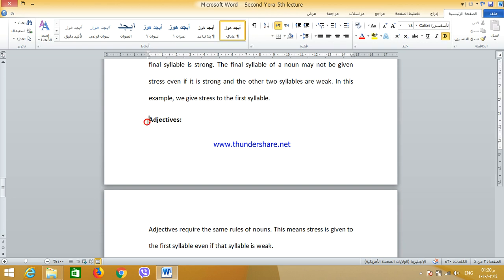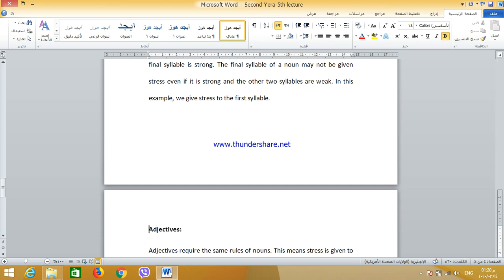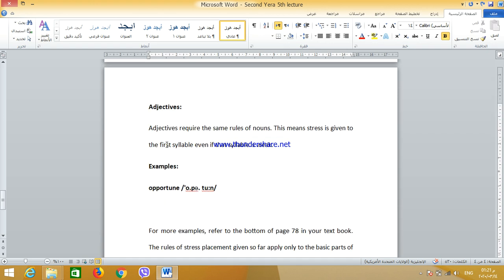Now with adjectives, adjectives require the same rules of nouns. So whenever you come across an adjective and you want to stress it, follow the rules we just explained in terms of nouns.